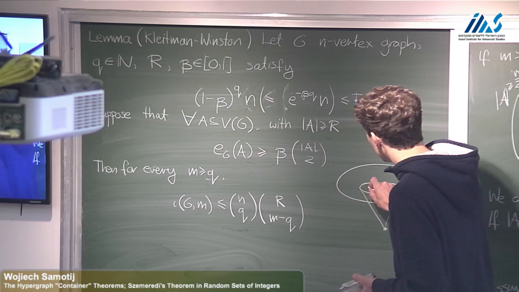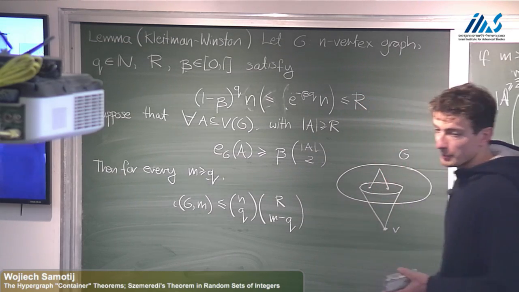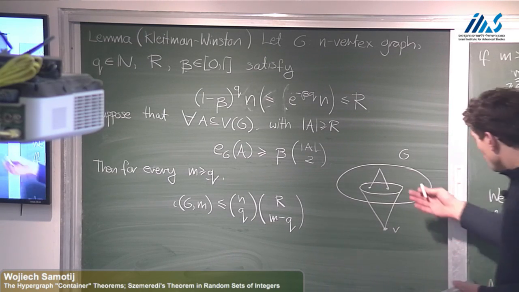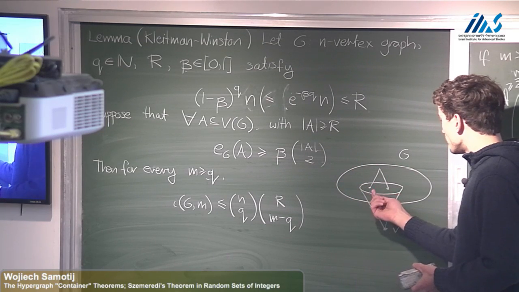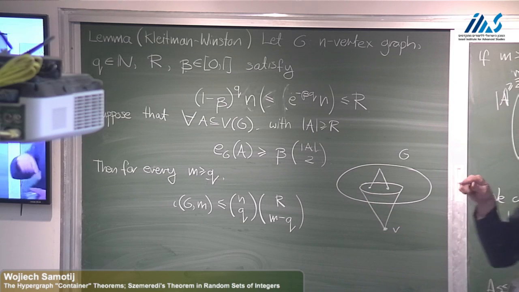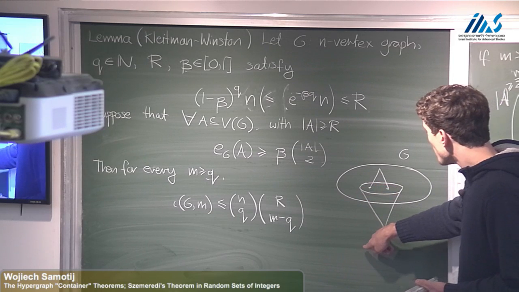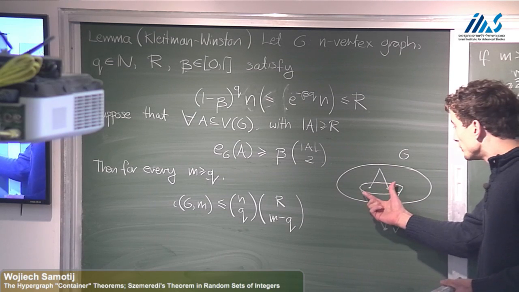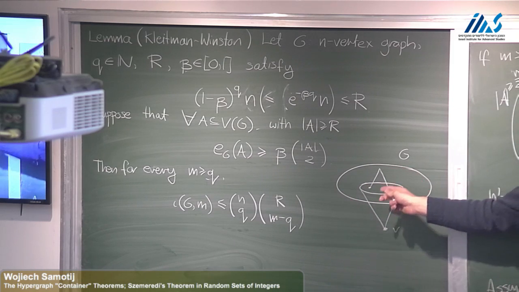Well, certainly no 2 points in the neighborhood can be connected by a path of length 2, because this would create a copy of C4. So one can define an auxiliary graph on the vertex set of G where one connects 2 vertices if their distance in the original graph is equal to 2, and therefore the only choices one can make for the neighborhood of v are just independent sets in this auxiliary graph. And hence, implicitly, this problem reduces to the problem of counting independent sets in this auxiliary graph.